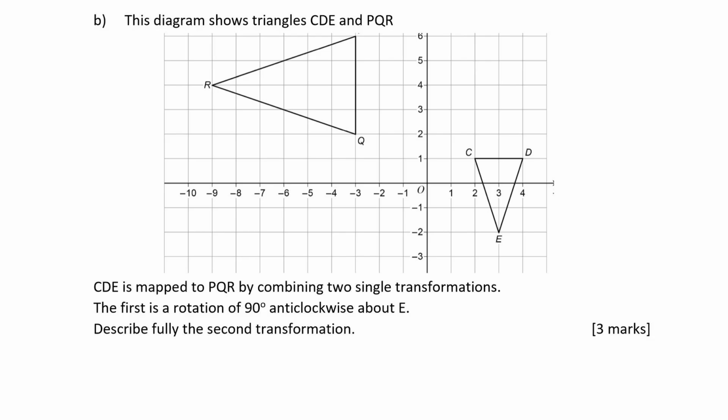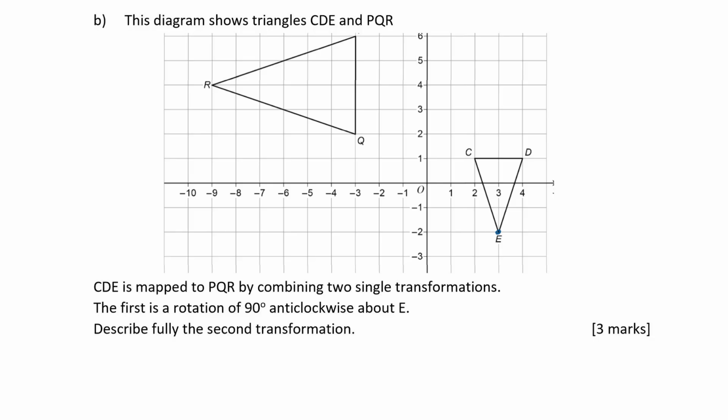So let's carry out this first transformation. That's 90 degrees anti-clockwise about E. We're starting with CDE, aren't we? So 90 degrees anti-clockwise about this point here.